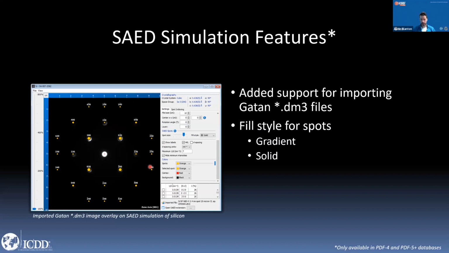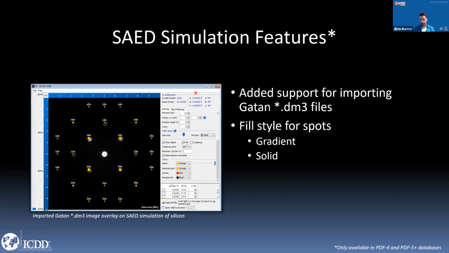So for many releases, you've been able to actually import image files into the SIeve simulations. And when you import an image file, you can essentially do a visual analysis of the image compared against the simulated pattern, as you can see here.